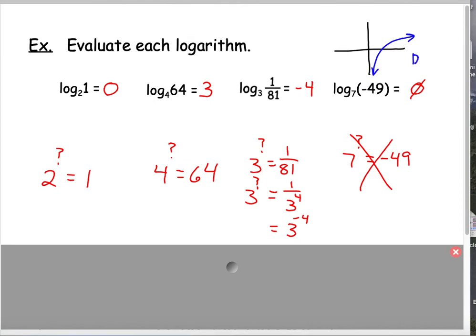And the domain of the log is 0 to infinity, not including 0. And so when the input to this function is a negative 49, immediately you should have said, wait a minute, there's a problem there. The domain of log has got to be a positive number. So it's no solution. Like I mentioned back then, it's really important to always go back and remember domain and range for exponentials and logs, and keep that in mind as we're trying to evaluate and solve.